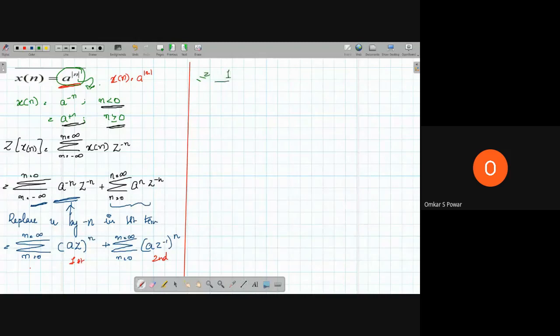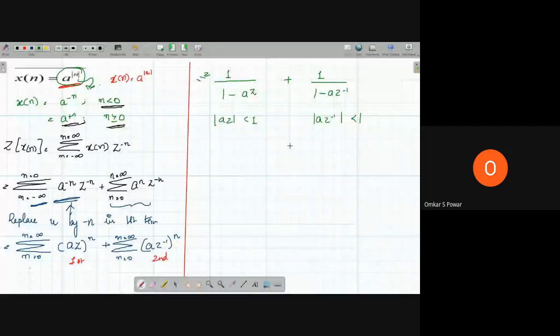So 1 by 1 minus az, provided mod az is lesser than 1, plus 1 by 1 minus a to the power az to the power of minus 1, if mod az to the power of minus 1 is lesser than 1. So further, how can we simplify? So this I'll write as 1 minus az.